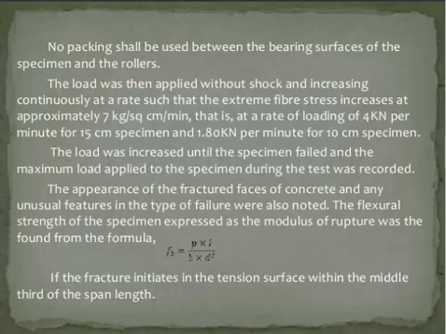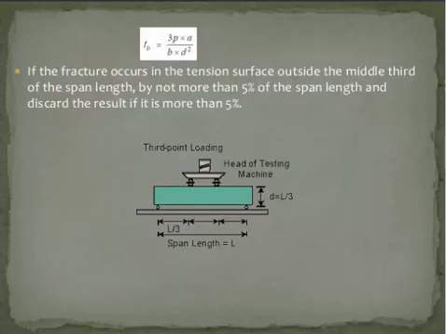If the fracture initiates in the tension surface within the middle third of the span length, then the expression will be 3P into A divided by B into D square. So this is the expression. And if the fracture occurs in the tension surface outside the middle third of the span length, we have to observe the fracture.